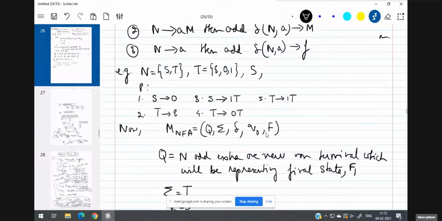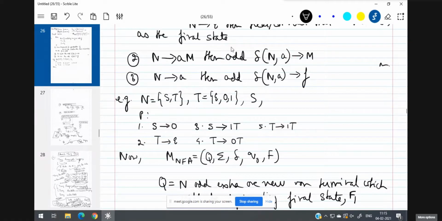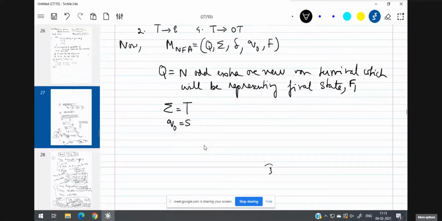I'll just leave F as it is, because we don't know which particular non-terminal will be considered as F, depending on certain rules which I have already mentioned. So for the time being I won't be writing any F, but I have already considered F1 as a new non-terminal.